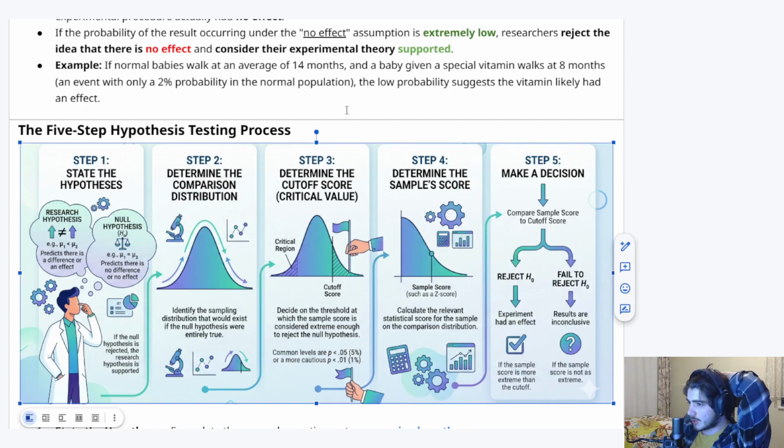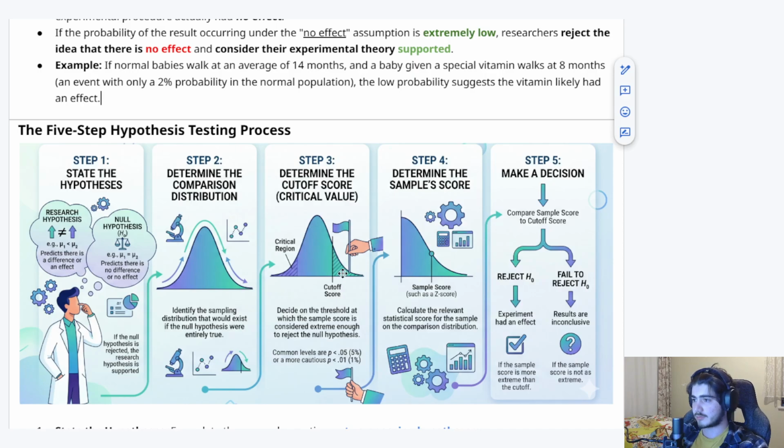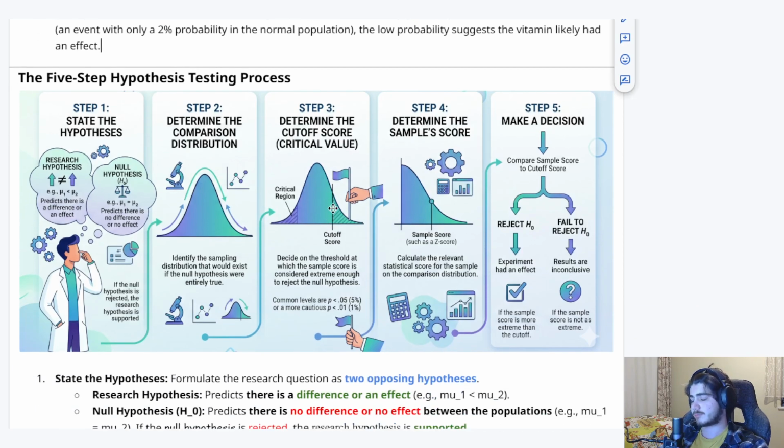We also call this an alpha value. So this cutoff score that is commonly used is 5% or 0.05.